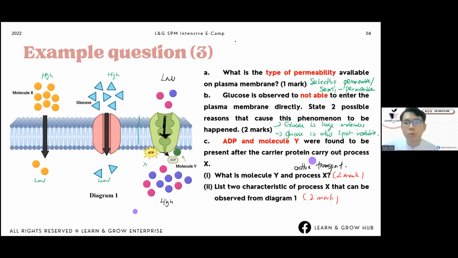So we need to understand from the other chapter that ATP's full name is adenosine triphosphate. ADP is adenosine diphosphate. So the answer is very easy now. Di and tri: tri means 3, di means 2. So 1 phosphate is gone. Mostly the molecule Y will be the phosphate molecule.